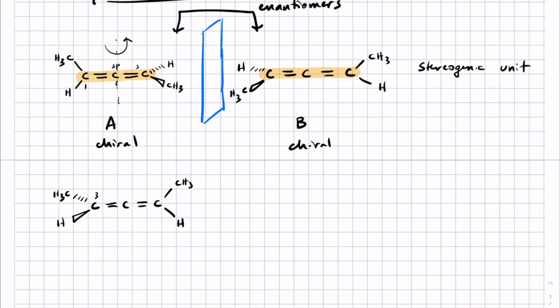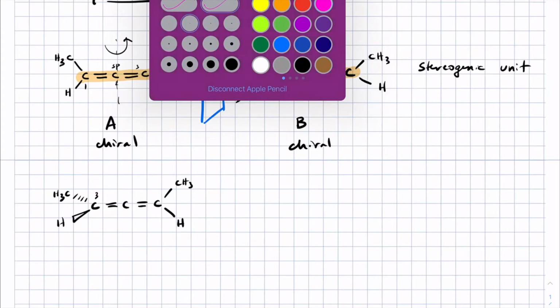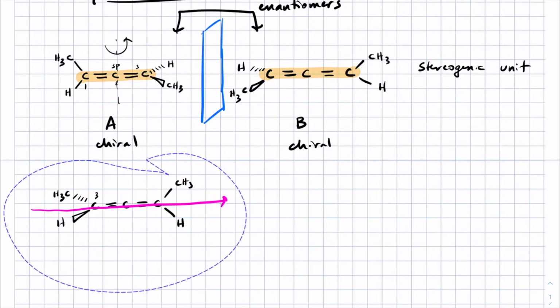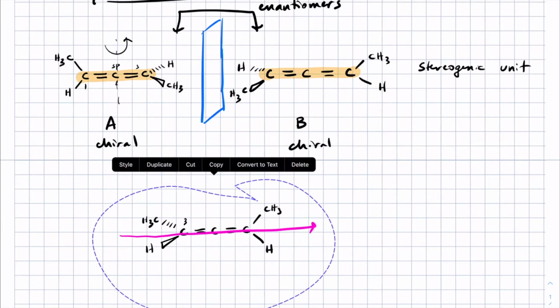So this is an example of what's called helical chirality, where if you look, you can envision an axis, and if you look down one end of the axis, the two enantiomers appear differently.